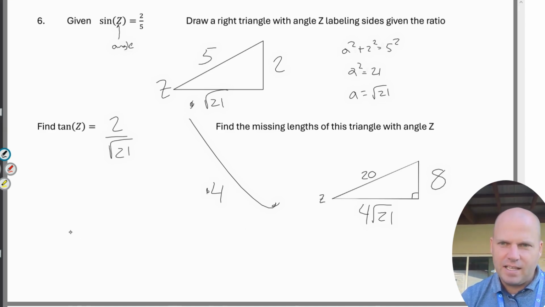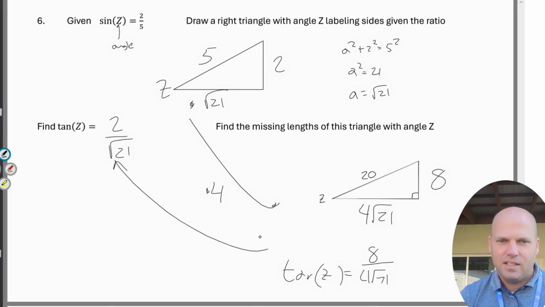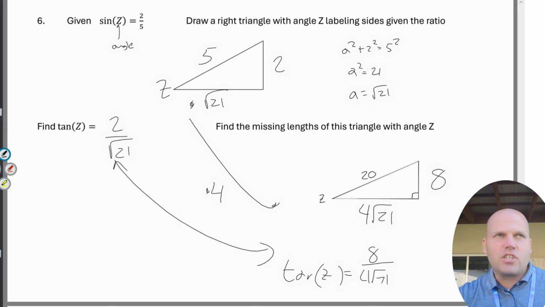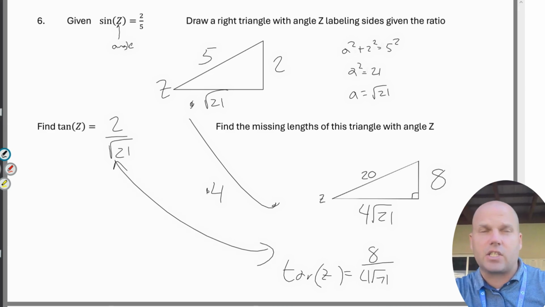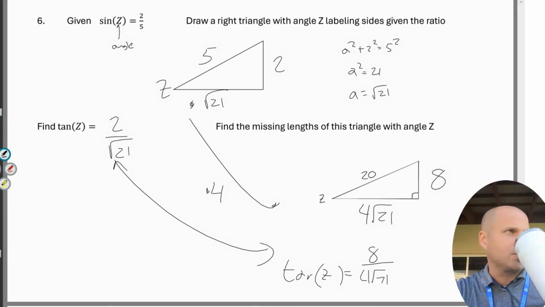If you looked at the tangent of Z for this triangle, 8 over 4 root 21 is the same as that. Of course, the ratios of any triangle with this angle Z, whatever it happens to be, will be the same no matter how big the triangle is, because they're similar shapes. Make sure you bring your calculators next class.